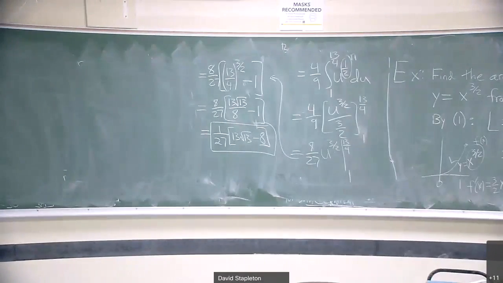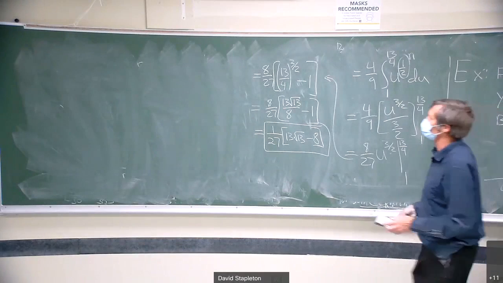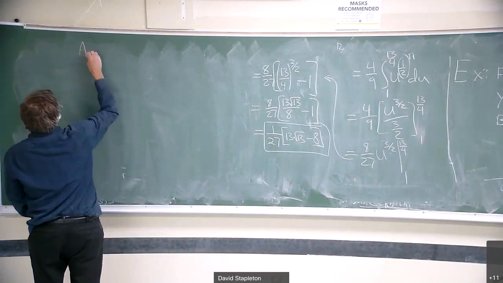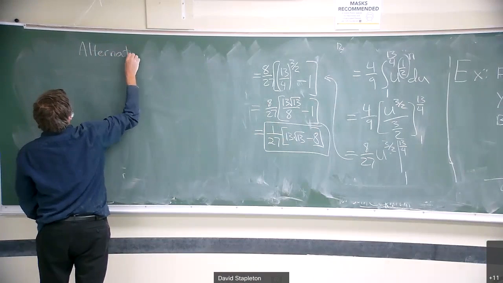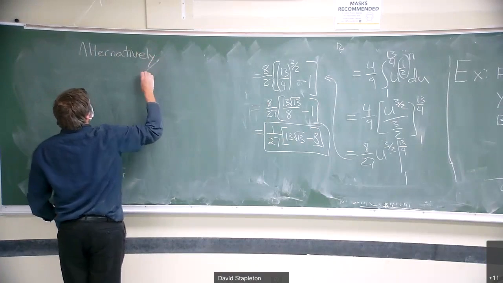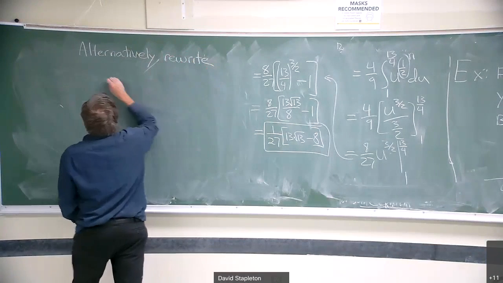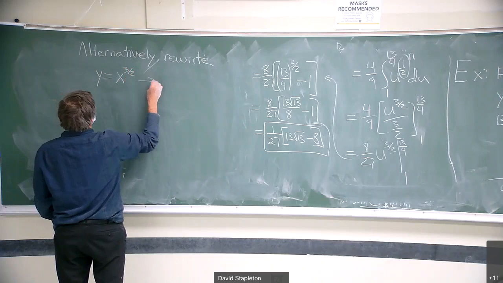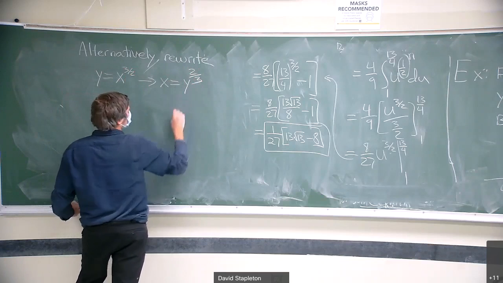Just to exhibit the other formula, suppose we wanted to calculate with formula 2. Sometimes it's a little easier to do it in one variable than the other. So alternatively, we can calculate the same arc length by rewriting y equals x to the 3/2 by taking the 2/3 power and getting x equals y to the 2/3, right?